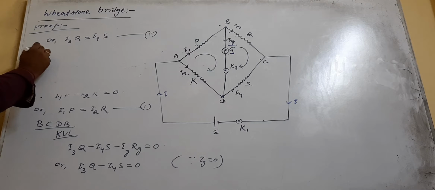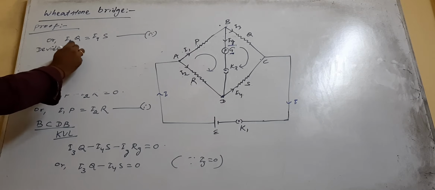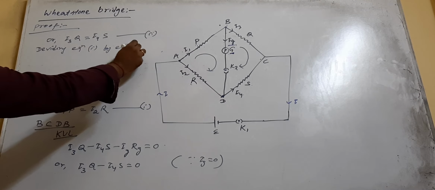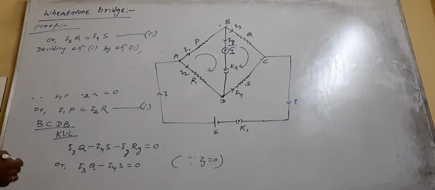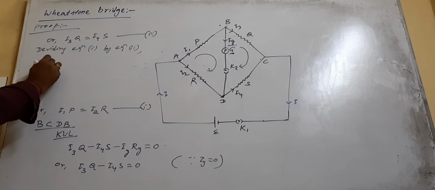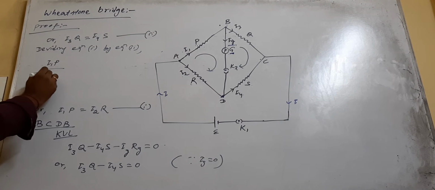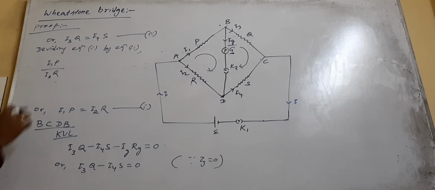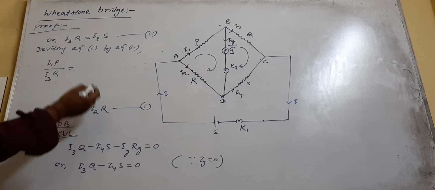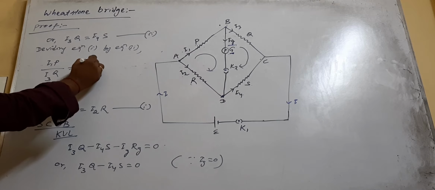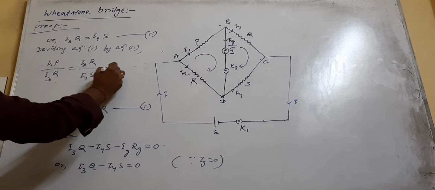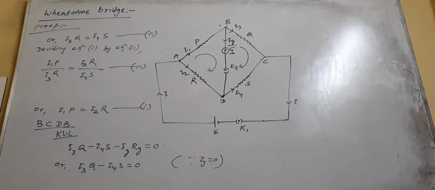Now dividing equation 1 by equation 2, what will you get? It is I1P divided by I3Q is equal to I2R divided by I4S. It is equation number 3.